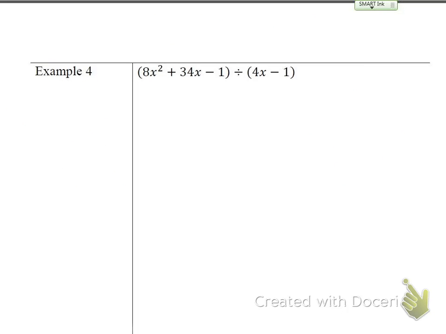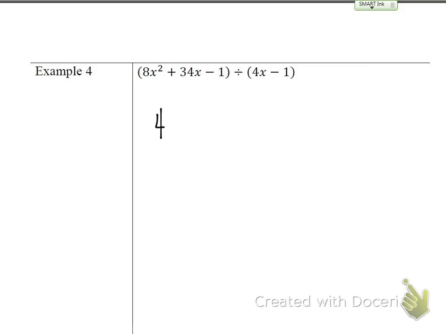So example 5 is written, or example 4, sorry, is written a little bit differently. I have 8x squared plus 34x minus 1 divided by 4x minus 1. So we want to set this up. What goes on the outside, guys?